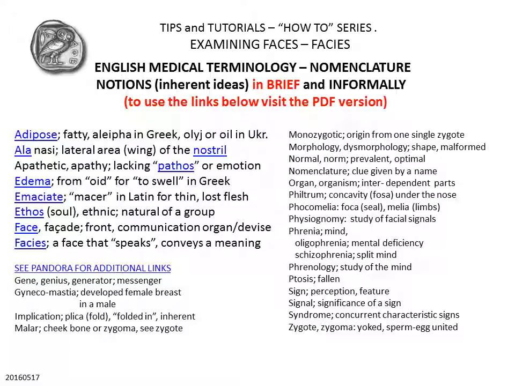Here they are listed in a very brief and informal manner. We recommend that you read about these terms in the Pandora word box to grasp fuller explanations. The emphasis in Pandora is on ideas. What are actually the notions that these terms emphasize? And we urge you to explore that on your own.